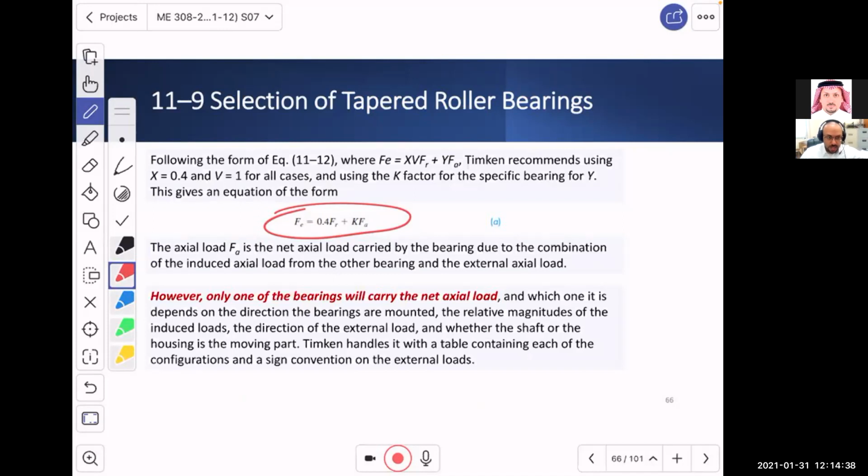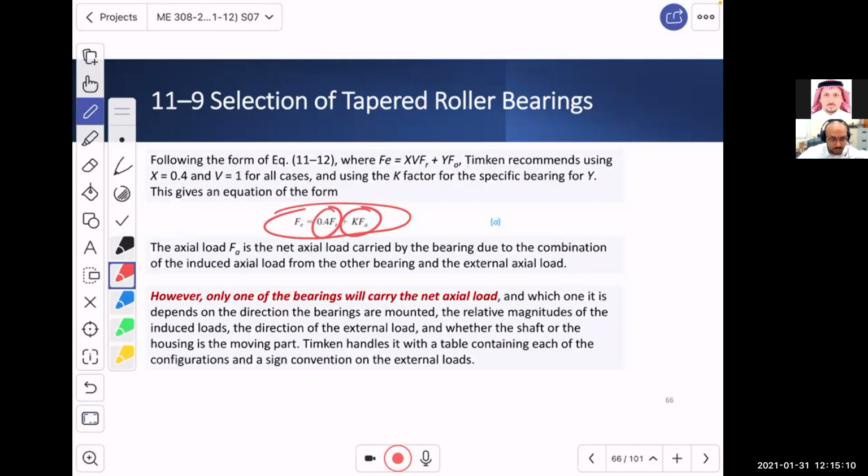We're saying that the bearing which will take the thrust will be subjected to both thrust loading, which is Fa, axial, and radial load, with X and Y being determined as 0.4 and K. This is the equation we used when we have thrust and axial load. Good, that makes sense. A tapered roller bearing should be subjected to radial and axial load.